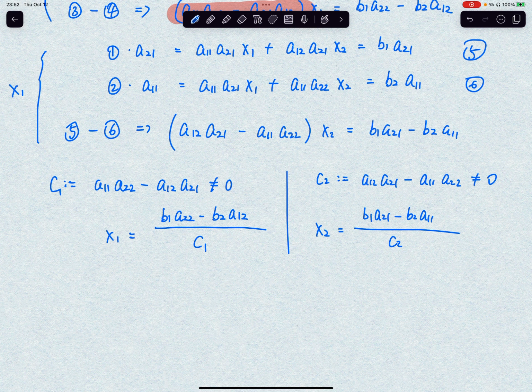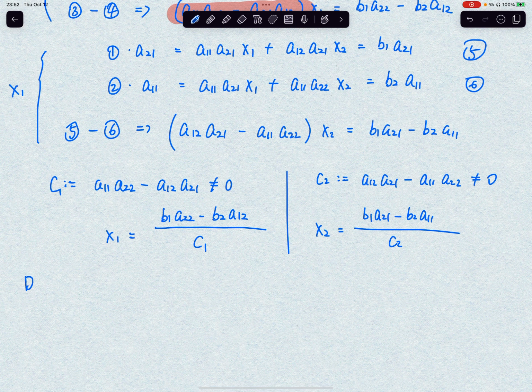So obviously C1 does not equal 0 means C2 does not equal 0. So such a number is useful in determining whether our linear system has a solution, or whether it is consistent. In saying a linear system is consistent would mean that the linear system has a solution or multiple solutions. In saying it is inconsistent would mean it has no solutions.